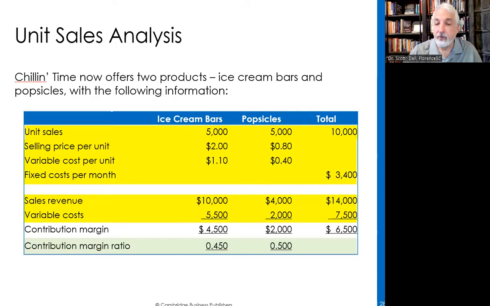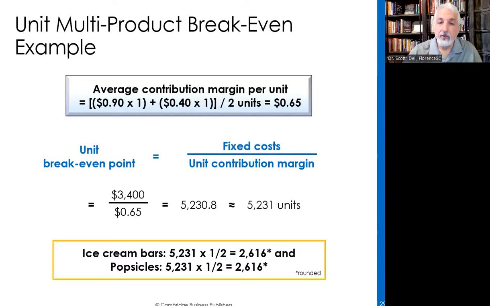And if you look, we have a 45% contribution margin ratio and a 50% contribution margin ratio for the two different products. So we take our average contribution margin and we have a per unit and divide by 2, and then we have a dollar amount here, 65 cents.